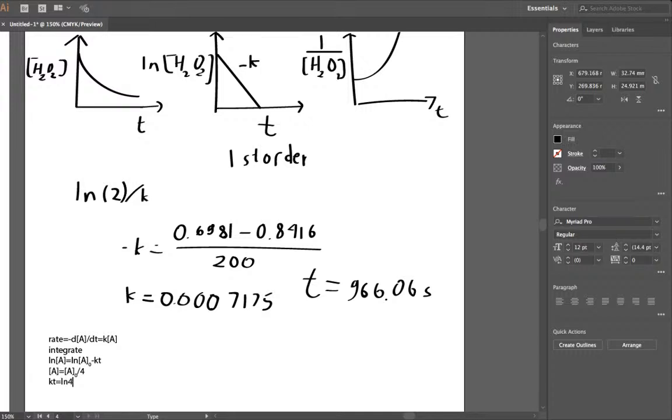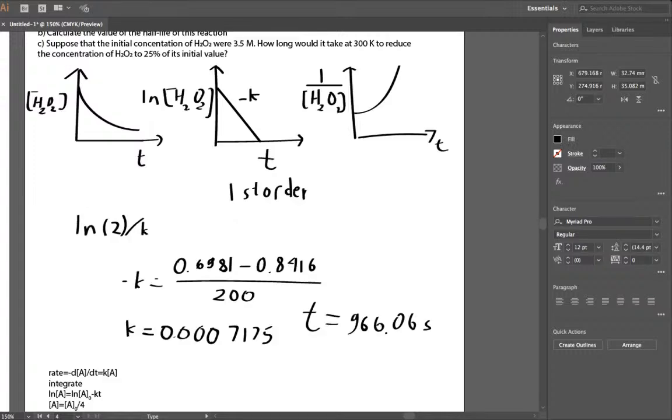And so t must be equal to ln 4 over k. So I can just put that in, ln 4 there, that's 1932.117576 seconds. So I have finished this.